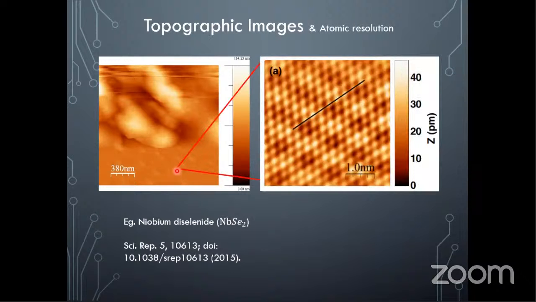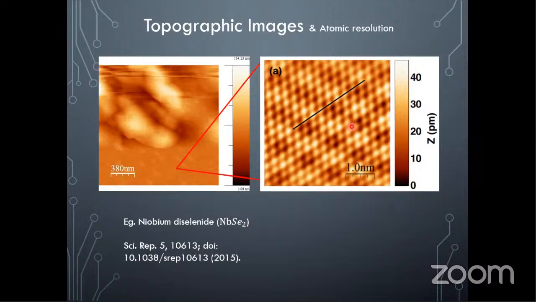So one can zoom a lot in this sample, so much that one can actually observe the electron density, that up and down of electron density on the sample surface. This image on the right hand side is showing the atoms of this niobium diselenide sample.